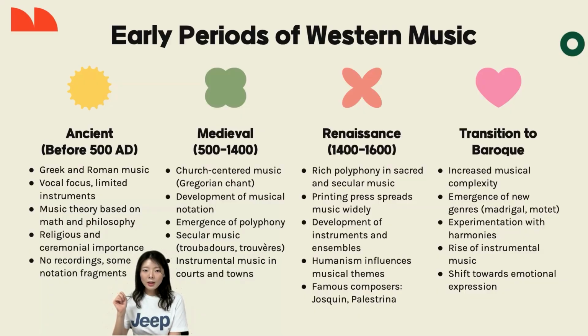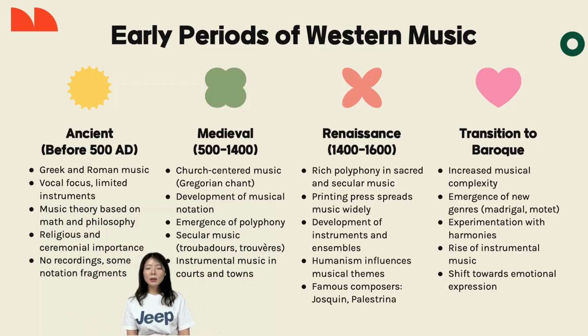The polyphony means there are more than one melody at once. Okay, the polyphony started, and there was secular music. That was the music not for the church. There were troubadours and trouvères, the singers that traveled. And instrumental music in courts and towns. Here, the courts refers to the royal or noble household, the rich people, not a legal court, okay?